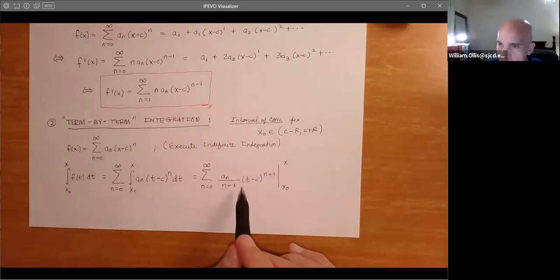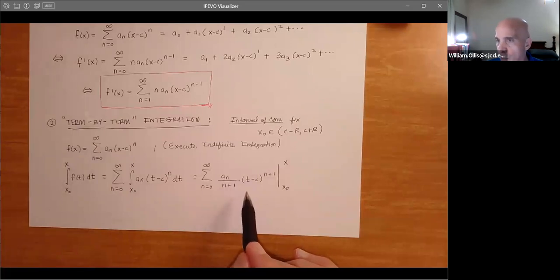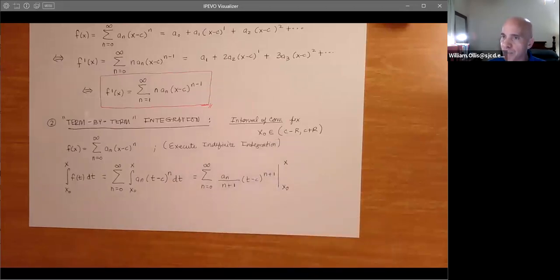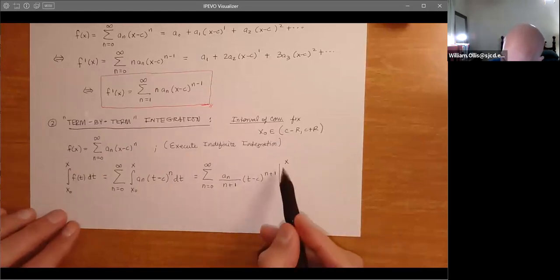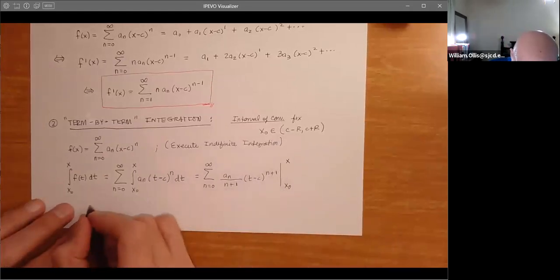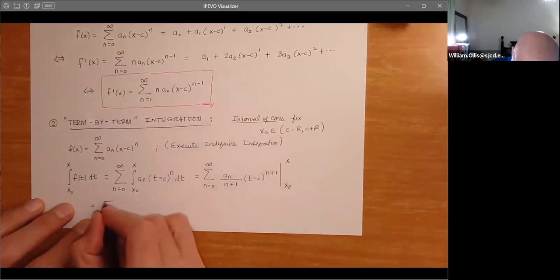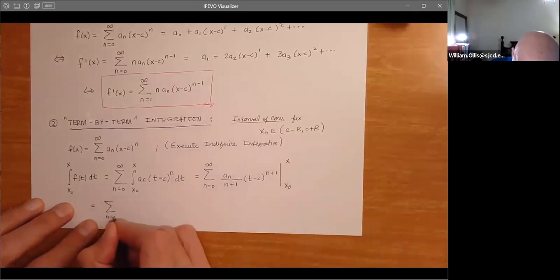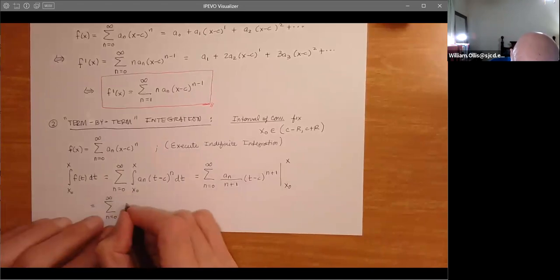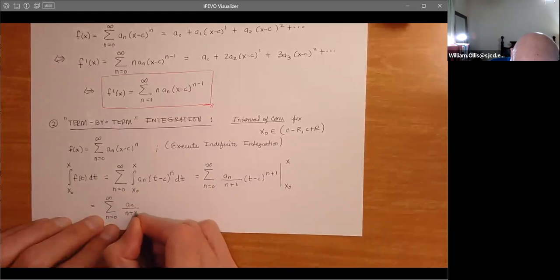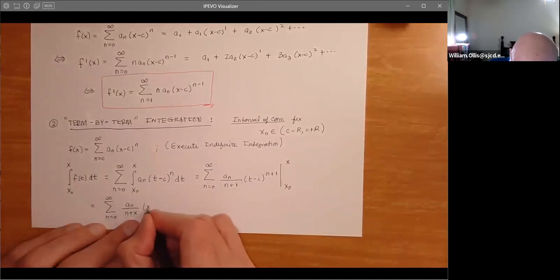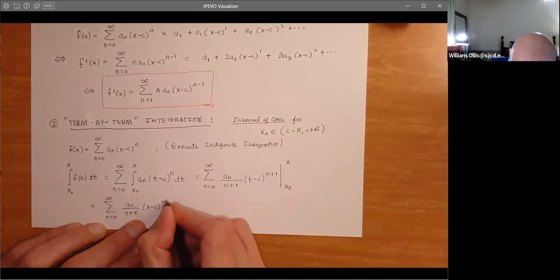When you think about an indefinite integral, this is basically what you do in calculus, but we're tying in the interval of convergence to make the evaluation of the constant seem more legitimate. So now we'll just replace t with x. This gives us what we expect, n equals 0 to infinity, a sub n divided by n plus 1, and then, of course, this will be x minus c to the n plus 1.